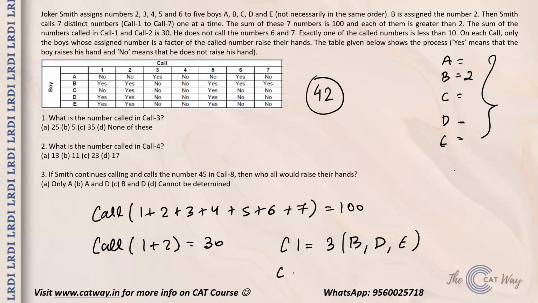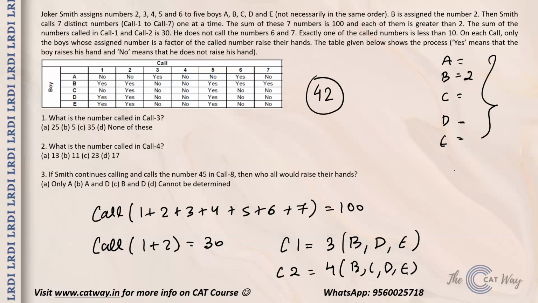And then you have C2, in which 4 people raise their hand, which are B, C, D, and E. And what we know is that B is equal to 2. Now, B is raising a hand, and A is not raising a hand. That means the first thing is clear: both C1 and C2 are a multiple of 2.